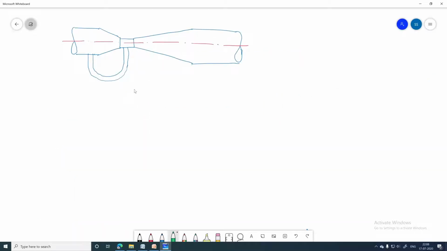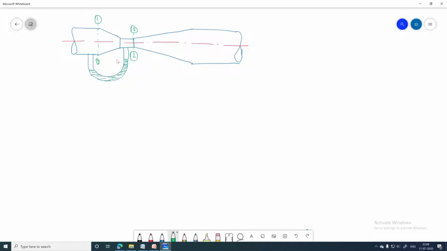This figure I have already drawn. Now consider a section here, suppose that is 1 and this is also 1, and this particular section is 2.